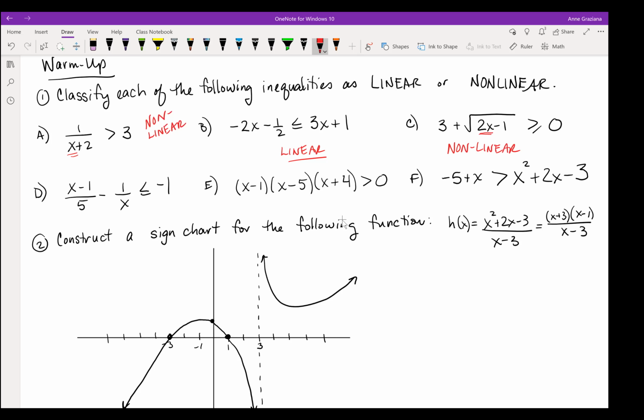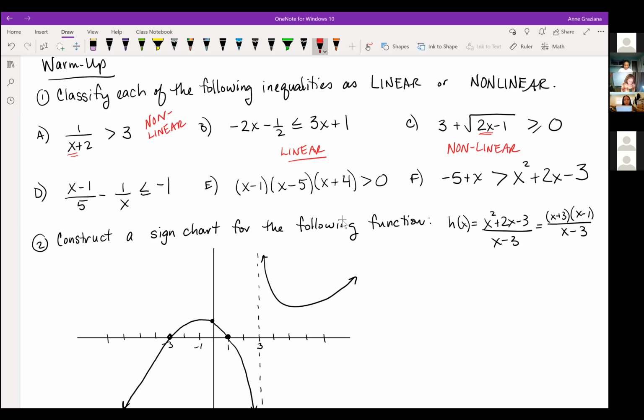Ready? Linear or nonlinear? Give me a thumbs up if you think it's nonlinear. If you're paying attention, you should know this for sure. All right, getting some thumbs up. This is similar to part A, isn't it?